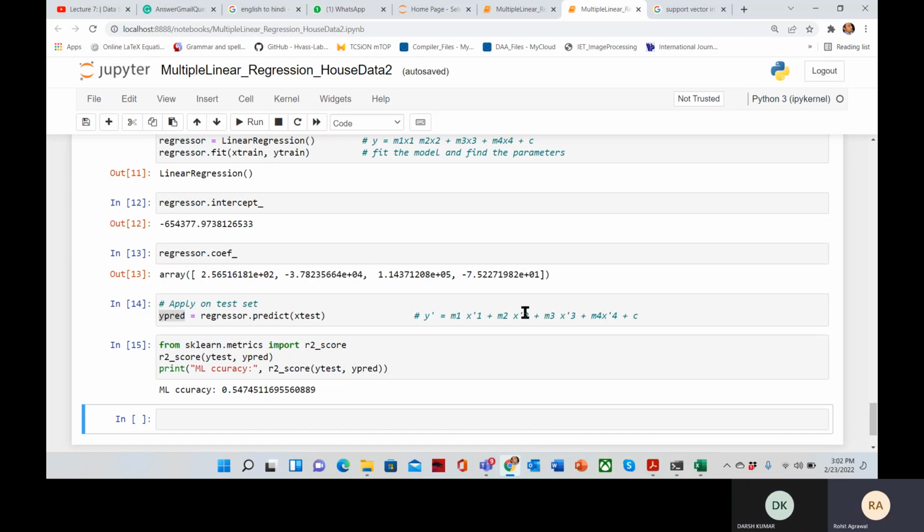Yes, sir. For this data set, instead of linear regression you may apply some other method and get better accuracy, or apply some pre-processing. That is research. You just apply some pre-processing and see how you can get better accuracy.